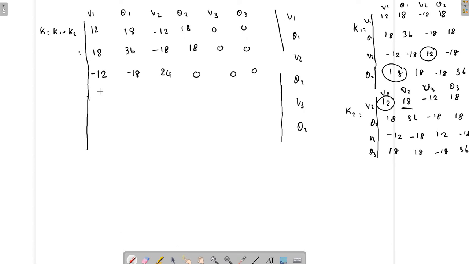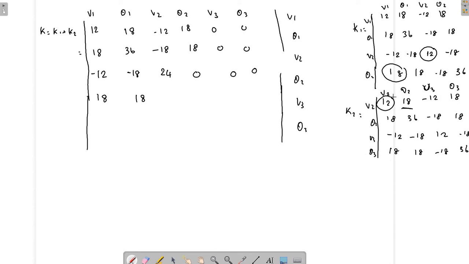Next, theta 2 with V1 is 18. Theta 2 with theta 1 is again 18. Theta 2 with V2 it is minus 18.